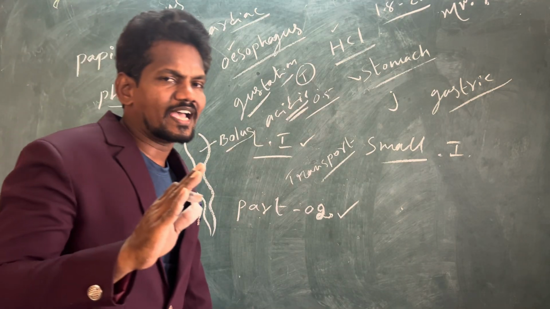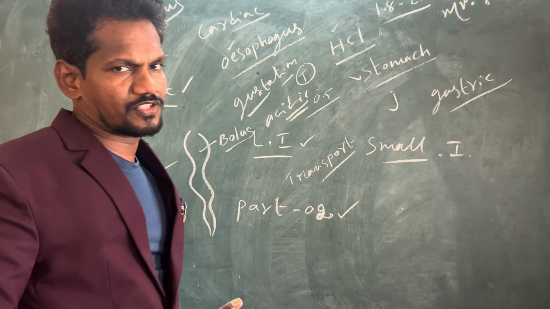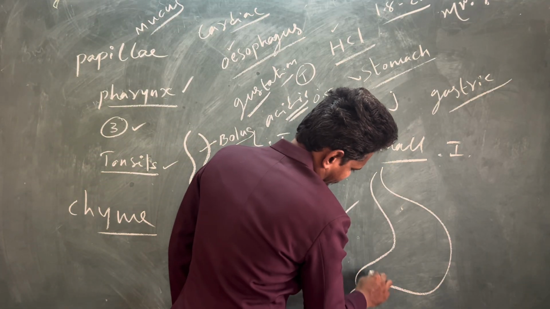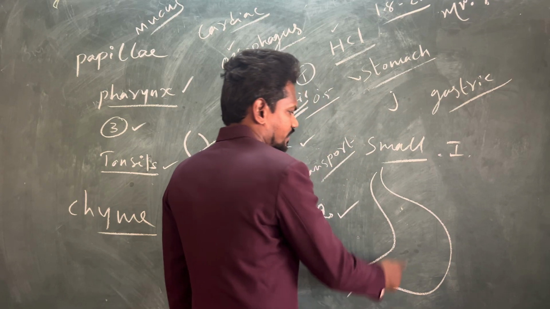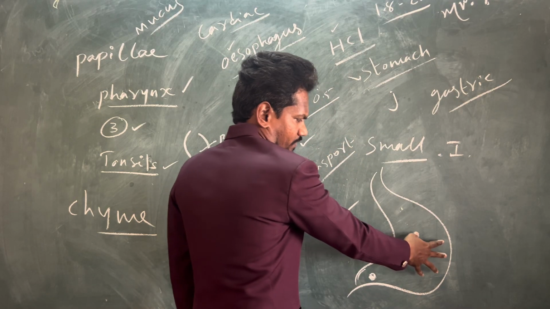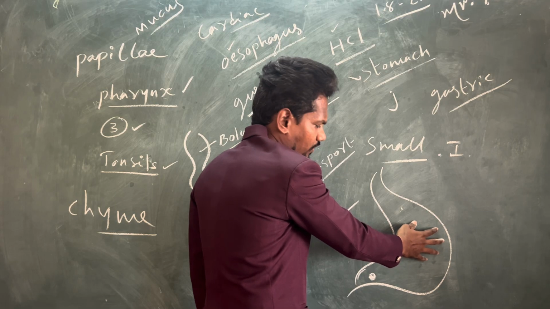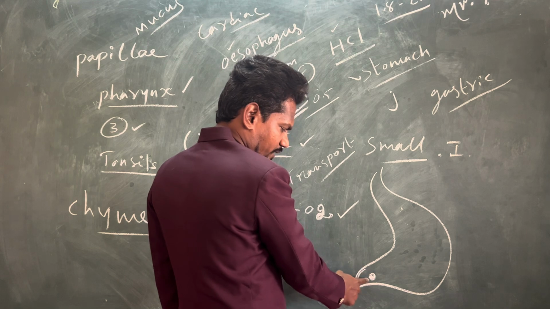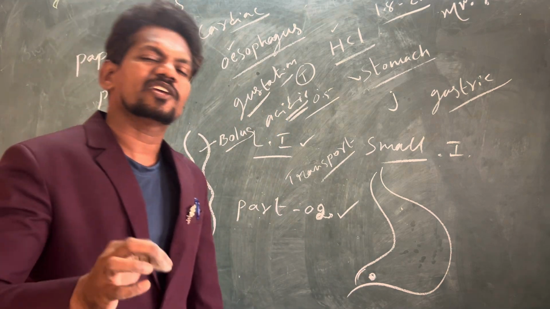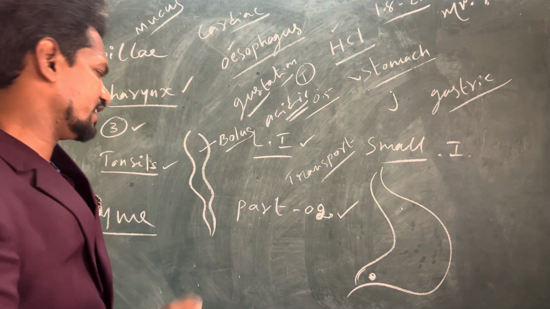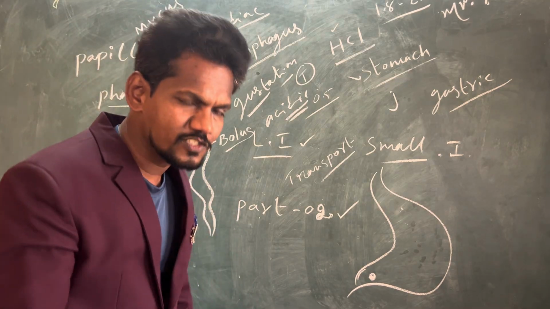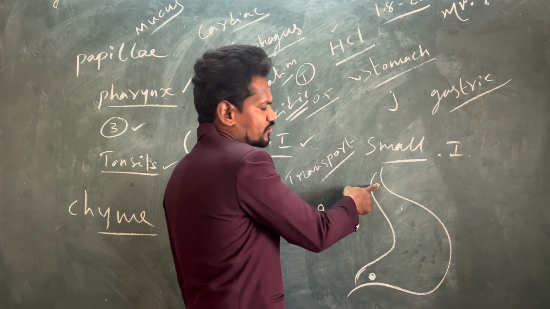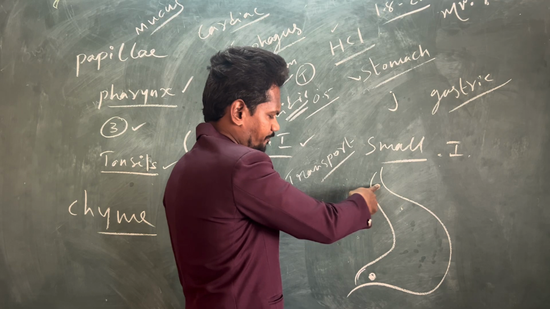Before that, the stomach has three main parts: the cardiac part, fundic part or body, and pyloric part. At the end of the pyloric part of the stomach, one special sphincter is found, called the pyloric sphincter. Here the cardiac or esophageal sphincter is found.